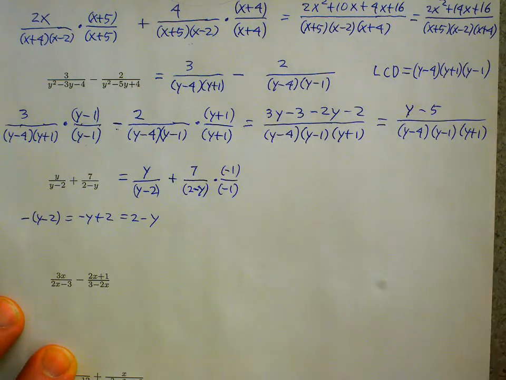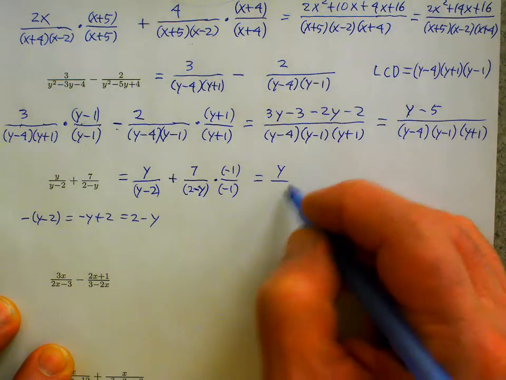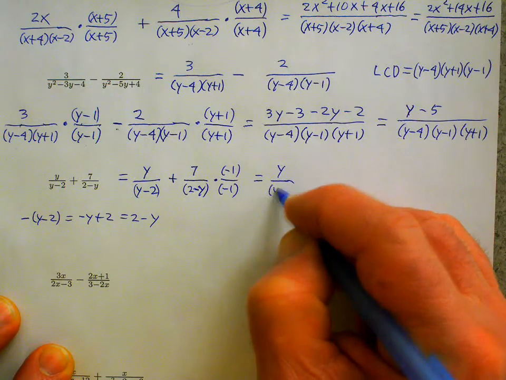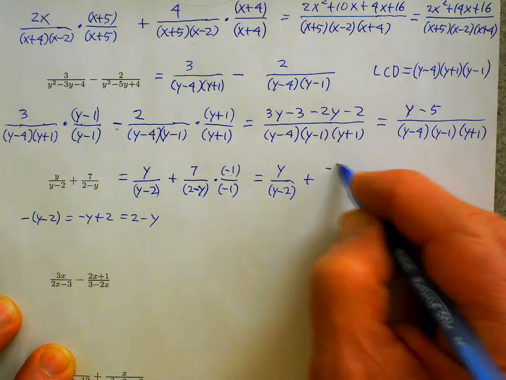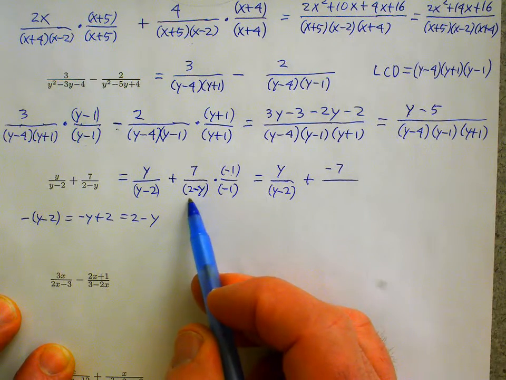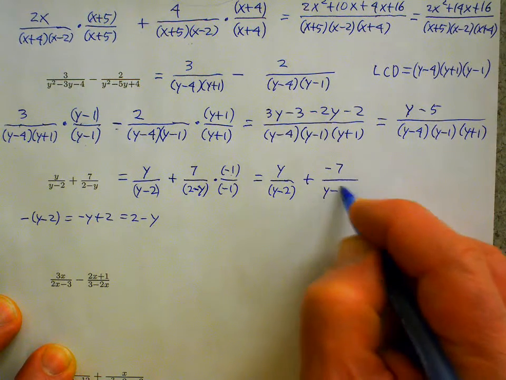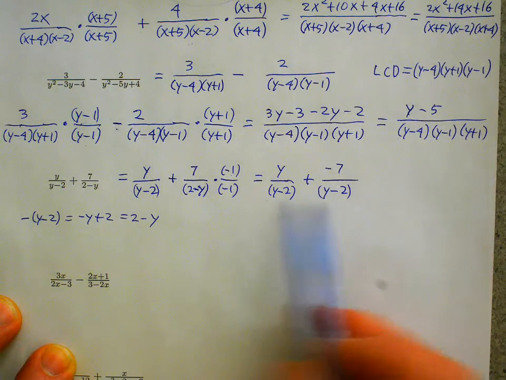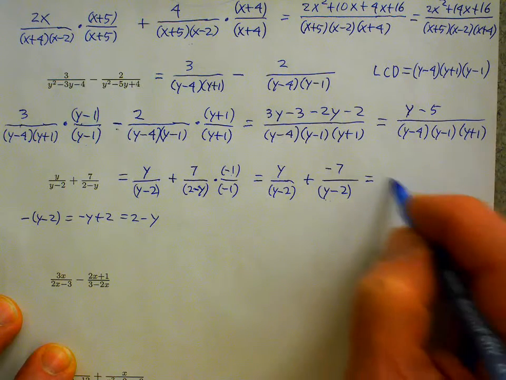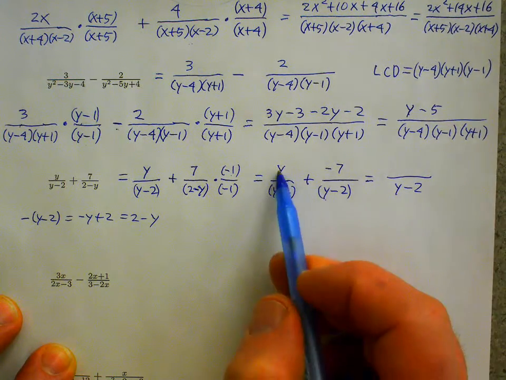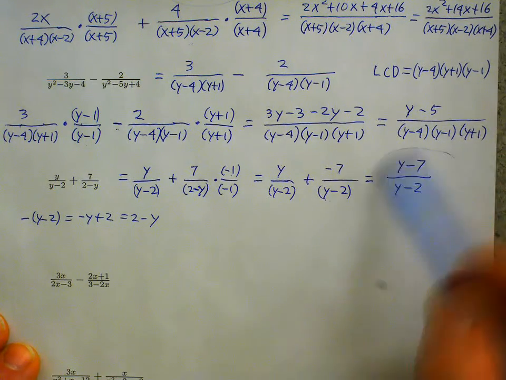We're just multiplying by 1. So if I simplify a little bit, 7 times negative 1 is negative 7, and 2 minus y times negative 1 is just y minus 2. And now the denominators are the same. So we can write y minus 7 in the numerator. So that's all there is to that one.